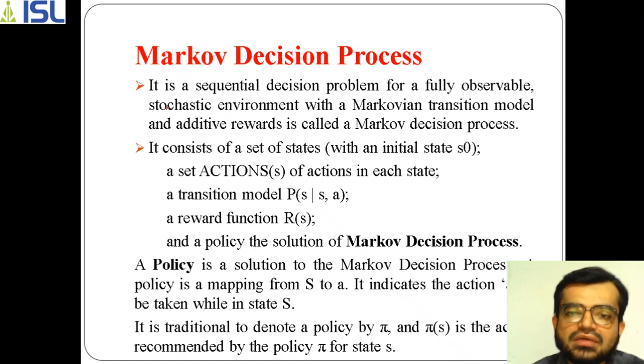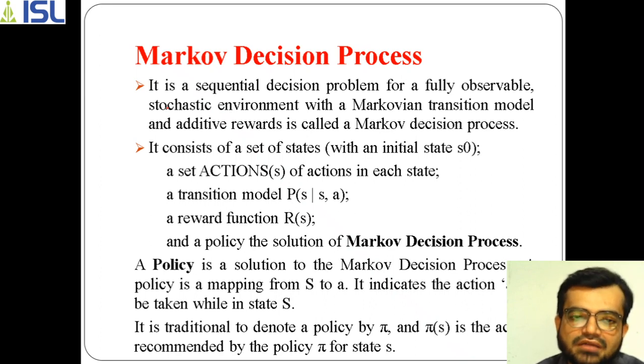And in this environment, we are using the Markovian transition model. Just now we have seen that the Markovian transition model uses a Markov process, and in that Markov process we are adding a reward.